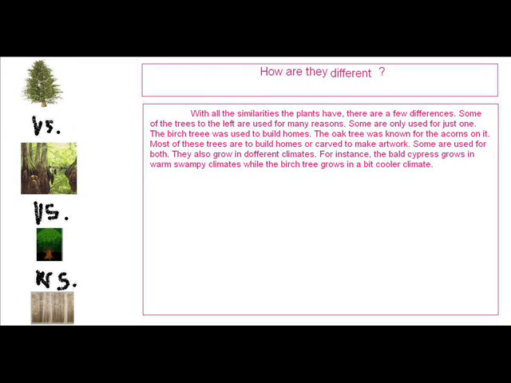Most of these trees are used to build homes or carved to make artwork, such as totem poles. Some are used for both. They also grow in different climates. For instance, the bald cypress grows in warm, swampy climates, while the birch tree grows in a bit cooler climate.